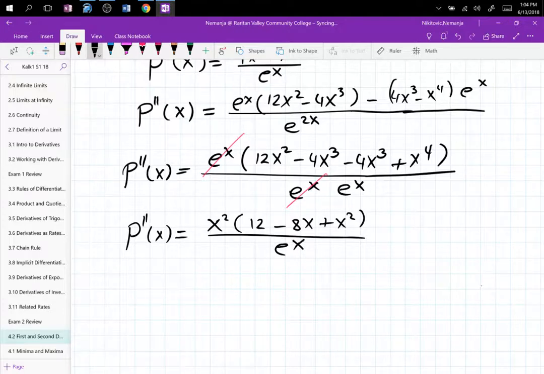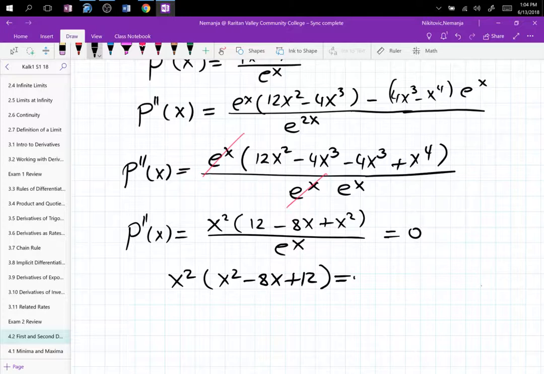Great. Now, set that equal to 0. When you cross multiply, the denominator always dies, right? So we just worry about x squared, and then x squared minus 8x plus 12 equal to 0. So x squared equal to 0 gives me x equals 0. Fine. And the second one factors, or it doesn't factor at all.